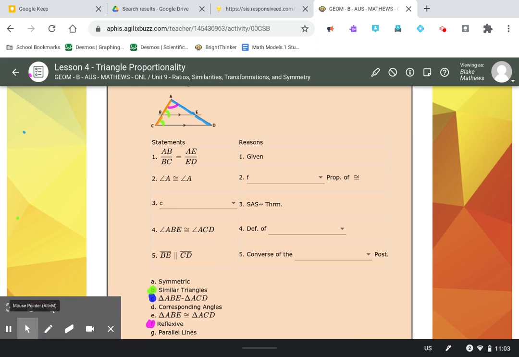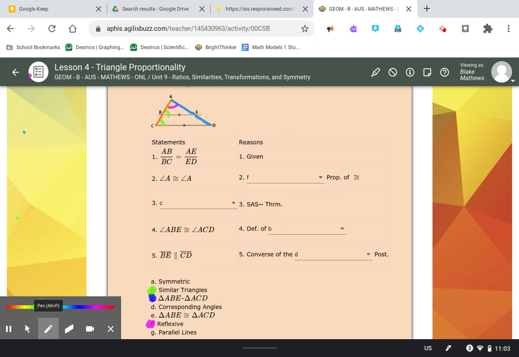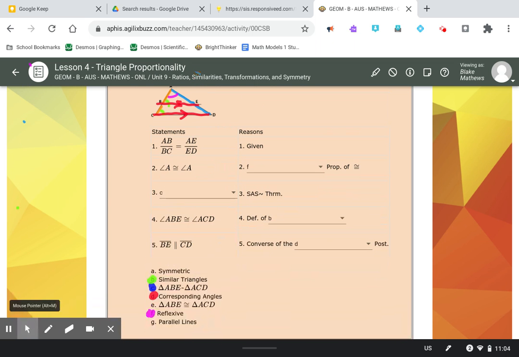All similar triangles have the same measures of the angles. And then the converse of the corresponding angle theorem tells us that we have parallel lines, because if these are corresponding angles here between these two lines, therefore those lines have to be parallel based on the corresponding angles theorem. All right, make sure you get those answers down.